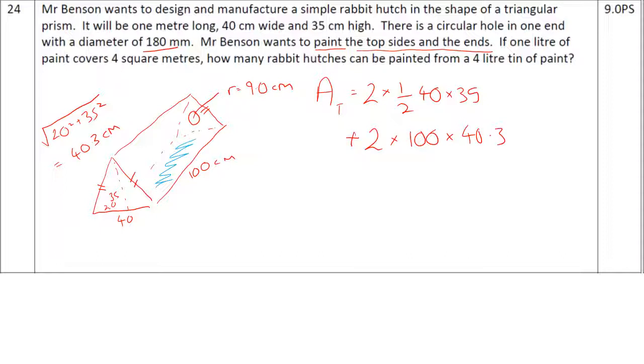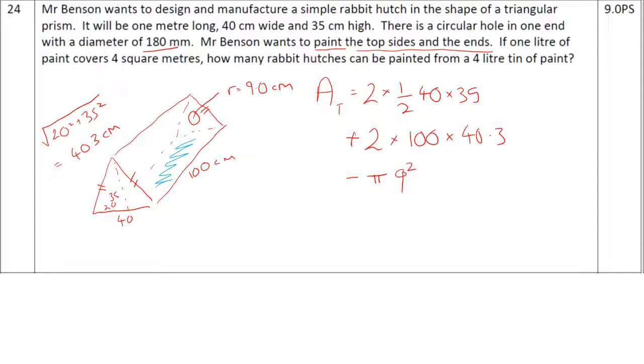And that should be a plus because I'm adding those together. So this is the total surface area of the top and the ends, but then I'm cutting a hole in that, so I've got to take away the area of the hole, and that is given by pi r squared, so that's pi times 9 squared.